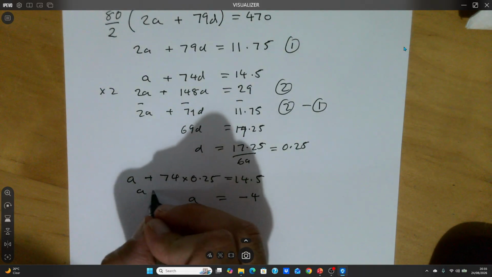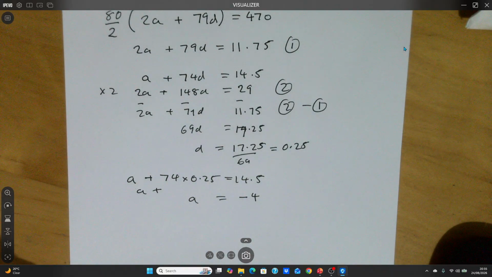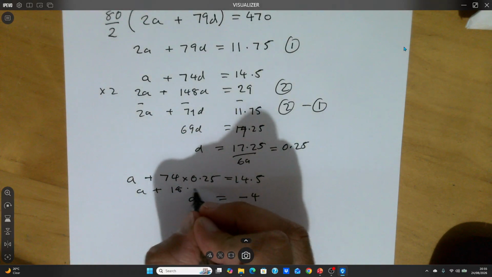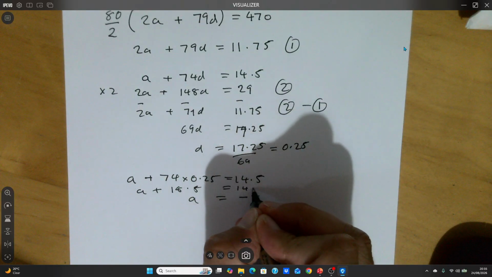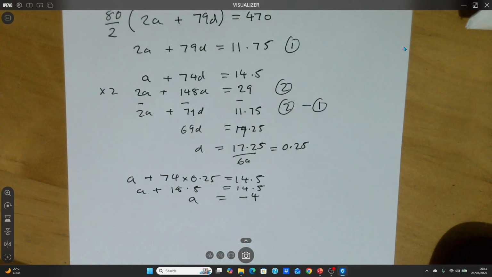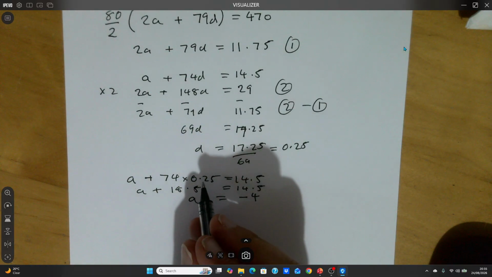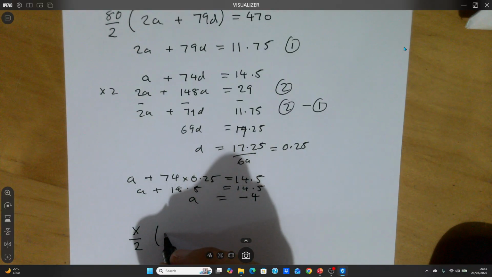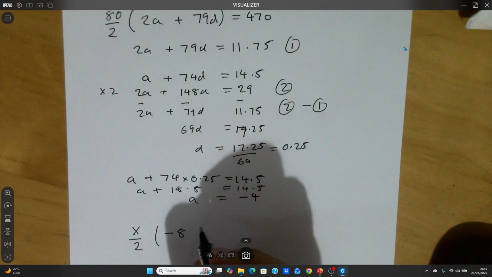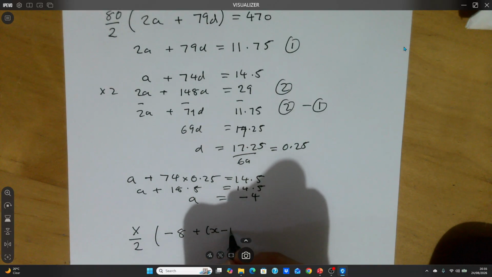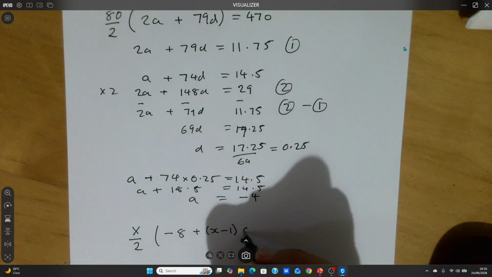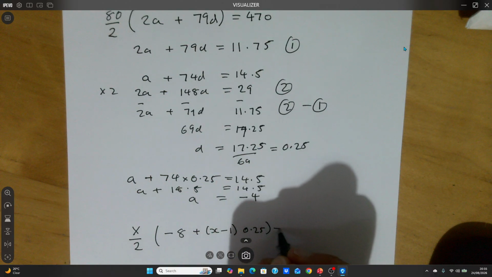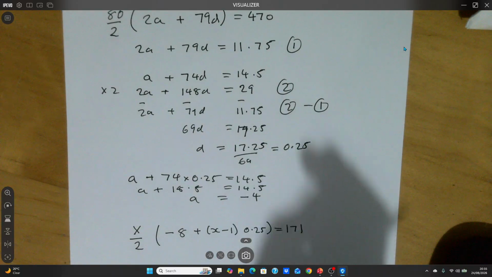Sorry, let's just put that line in, so you can see where it's come from. I know what a is, I know what d is, and we are told that x divided by 2 times 2 lots of that plus x minus 1 times 0.25 equals 171.